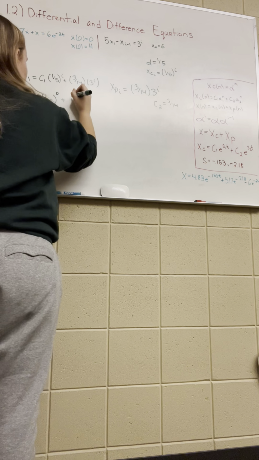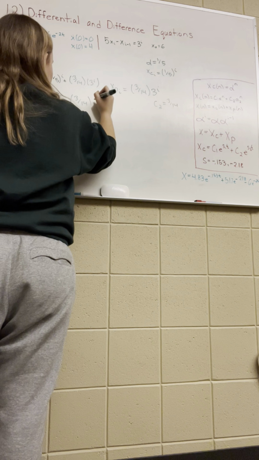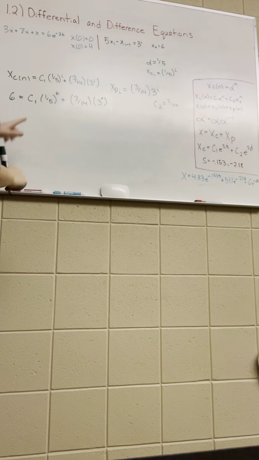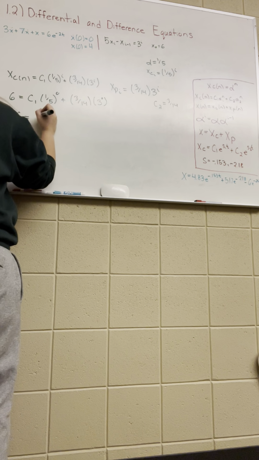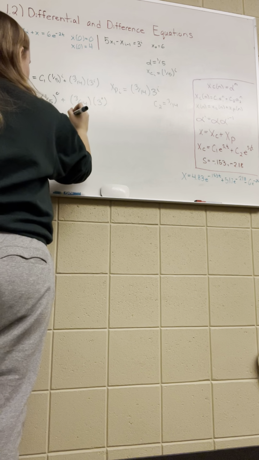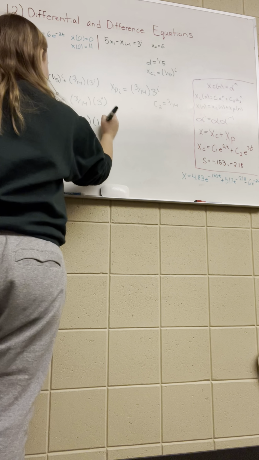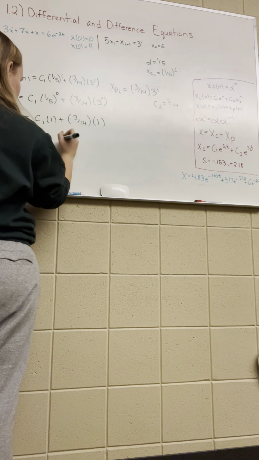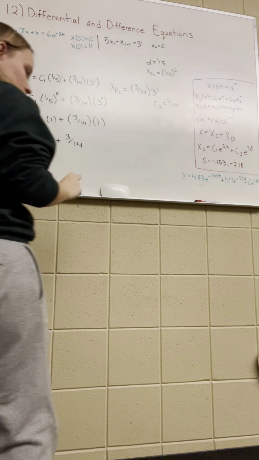And then plus 3 over 14 times 3, and again, the i becomes 0. So then these two will become 1. So 6 equals c1 times 1 plus 3 over 14 times 1. So now we have 6 equals c1 plus 3 over 14.